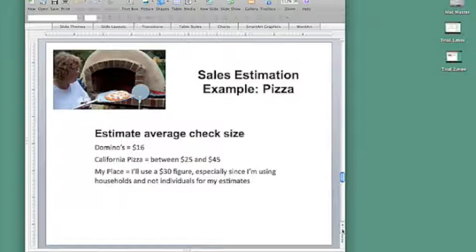So with that information in hand, knowing that my pizza is much more like California Pizza than Domino's Pizza, I'm going to use a figure of $30 as the average check, especially since my numbers are households and not individuals. I think it's a fairly conservative estimate that the average household check when people come to my restaurant would be $30. Okay, so that gives me an average check size.